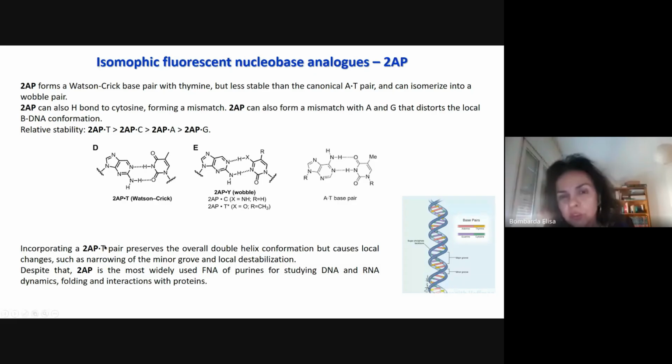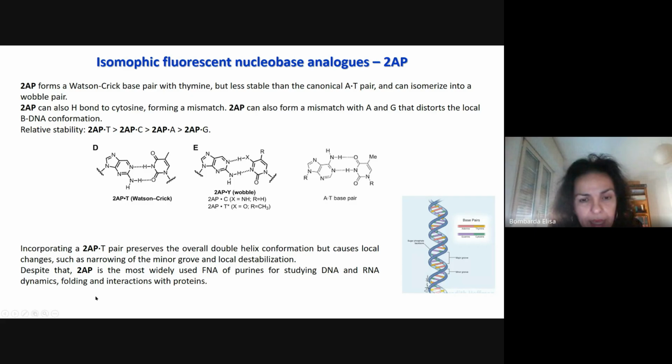good thing. Moreover, in general, the incorporation of this pair, the 2-aminopurine-thymine pair, preserves the overall double helix conformation, but causes some local changes like narrowing the minor groove. You see that in the double helix you have a major and a minor groove, and the minor groove is narrowed, even narrowed with the aminopurine.